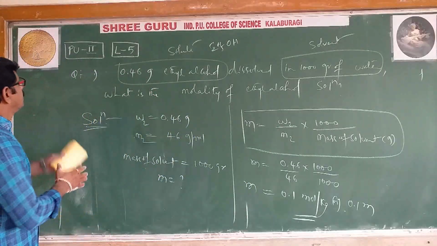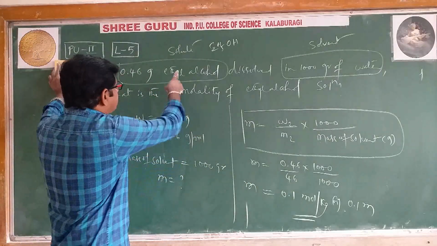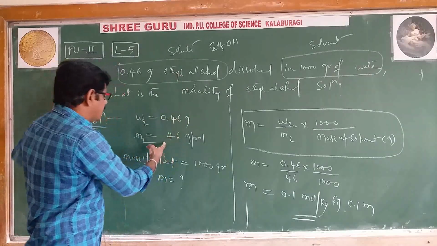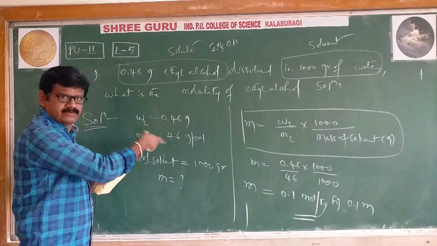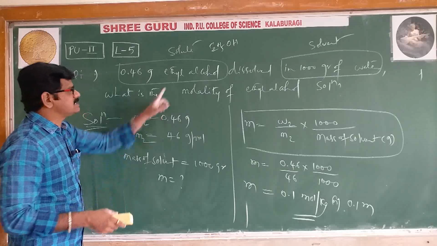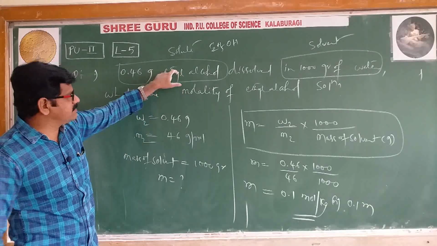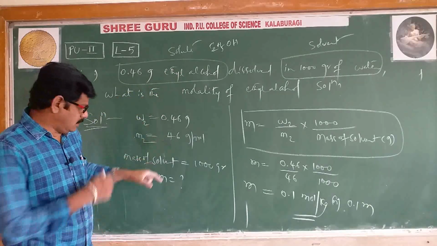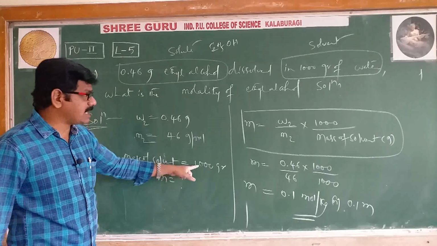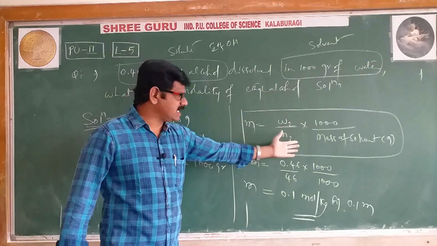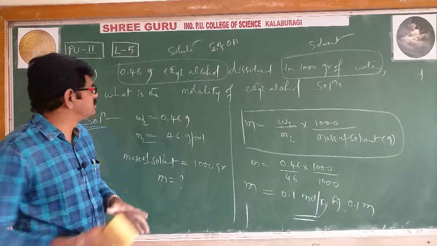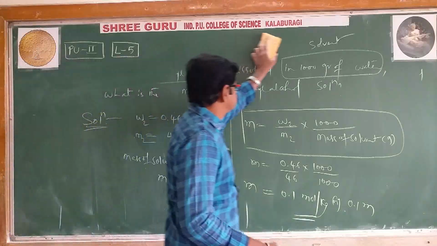That's it. Next question we'll see. Here, the solute mass and solute molar mass, he will not give in the question. We have to write them because the name is given. Ethyl alcohol name given means molar mass is indirectly given. Mass of solvent is already given. We took the formula and substituted. That's it. Next.